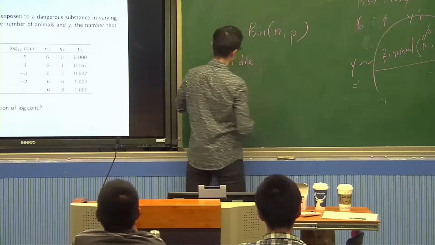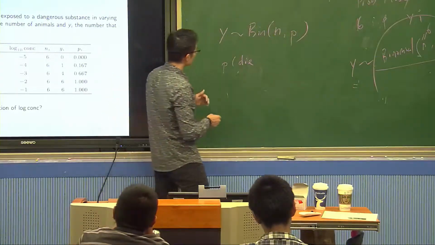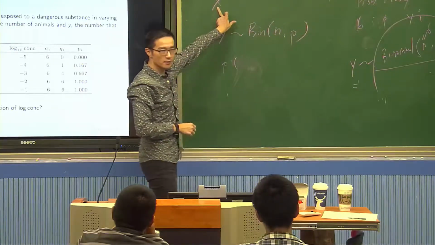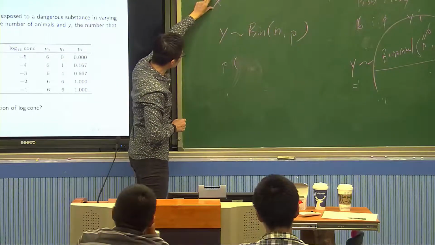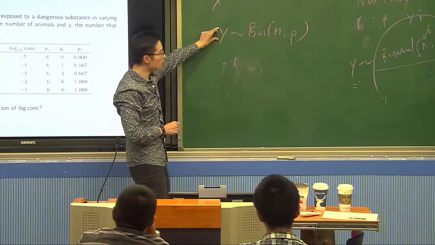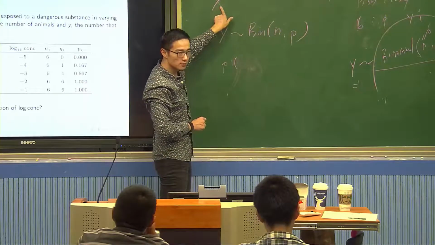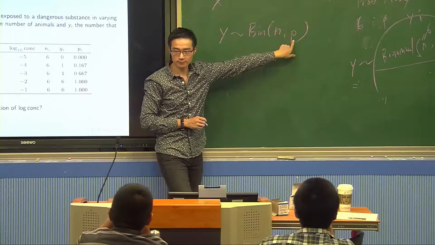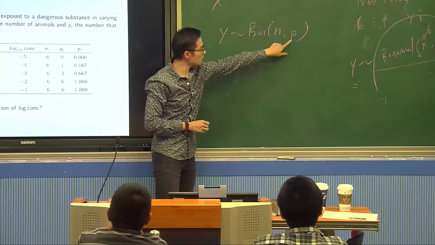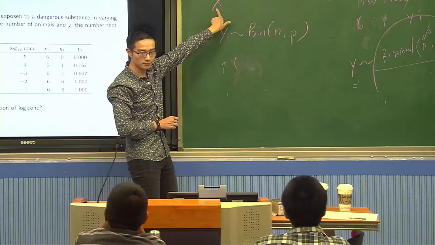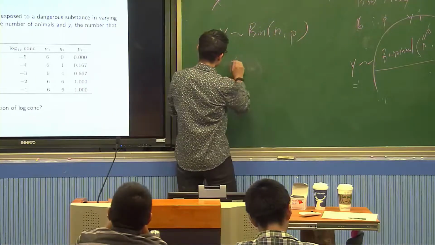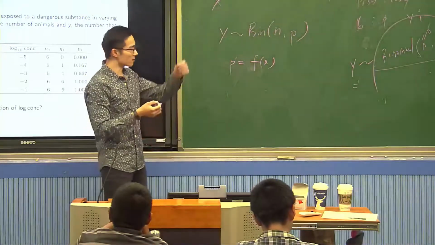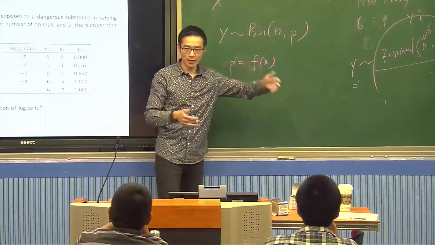Now, because our X here is concentration, clearly, if I want to use concentration to predict Y, then I'm going to say the concentration of chemicals will affect each animal's probability of dying, right? So P should be a function of X. Specifically, when X is higher, we should expect a higher probability of dying.